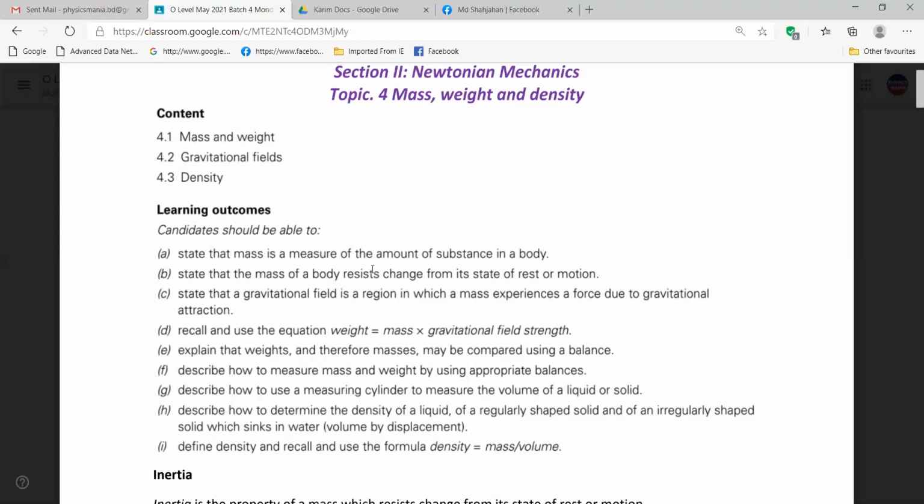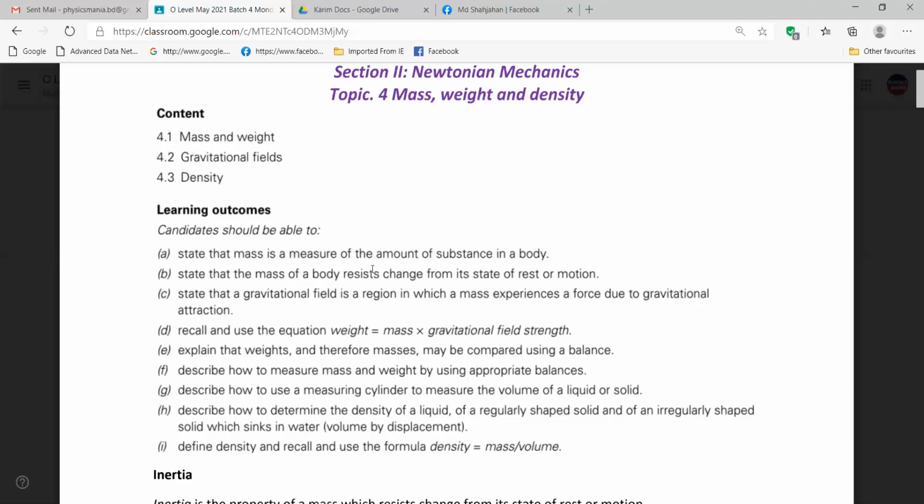Sir, explain a bit more briefly the last part you said. I said that whatever the condition the object is in, whether at rest or in motion, the object wants to stay in its own previous state, and this is called inertia. Oh, sir, I understand.